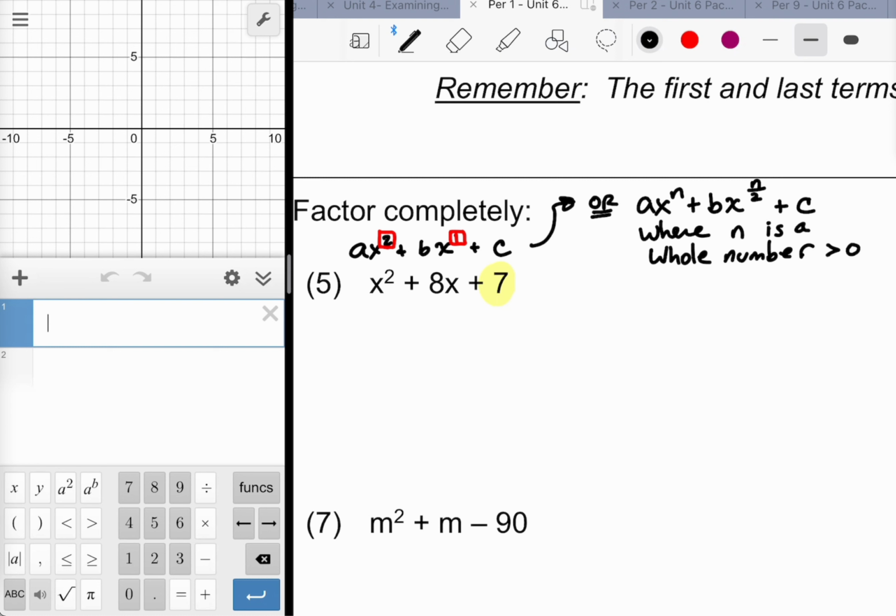So we're looking for the factors of 7. Once we come up with that list, each factor pair is going to be tested to see if it'll add to whatever the b value is. Factors of 7 that add to 8.